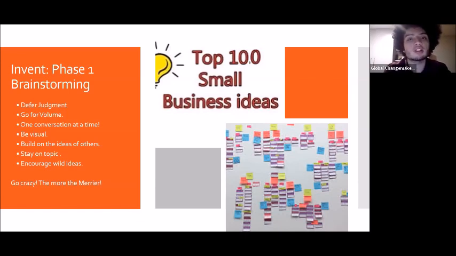But the 100 solution exercise will help you put everything that you might have ever thought of onto pen and paper, and also will help you to defer judgment, to go for volume, to be visual in your presentation, to build on the ideas of others, and to make sure that the conversation is going well and listen to the ideas that the team starting this project is sharing.